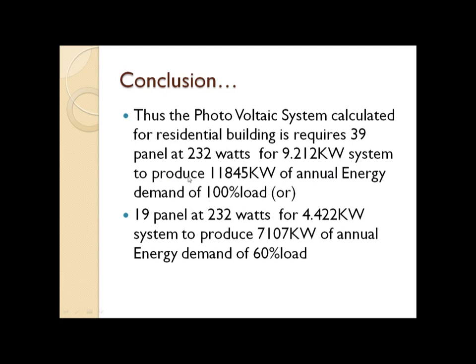In the same case, considering 60% of load, we need 19 panels at 232 watt, which produce 4.422 kilowatt of system capacity, operating at 1607 per year, and so produce the 7,107 kilowatt hour of annual energy demand at 60% load. This is the way to calculate annual energy demand, annual sun hours, and system capacity, and choose the panel rating and sizing.